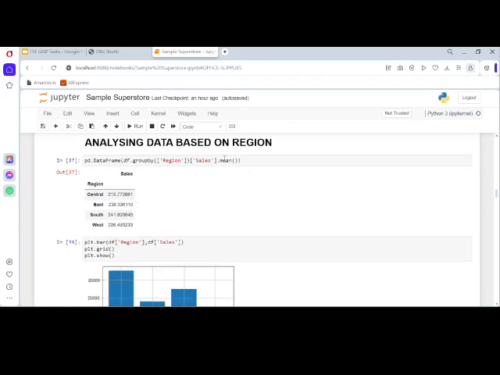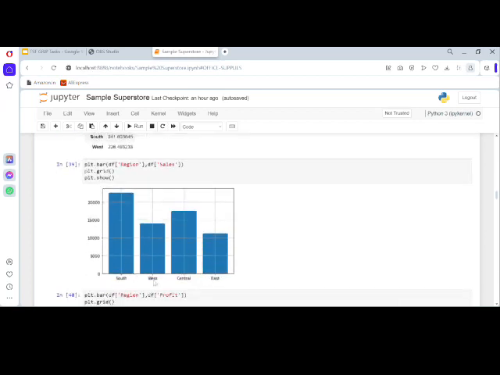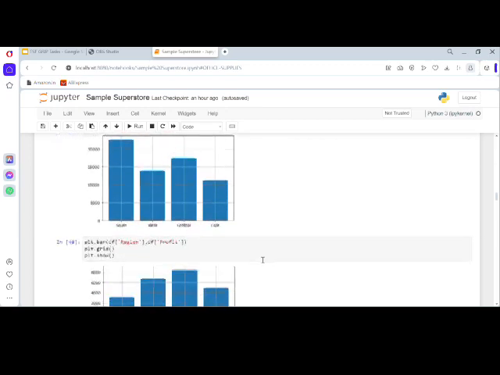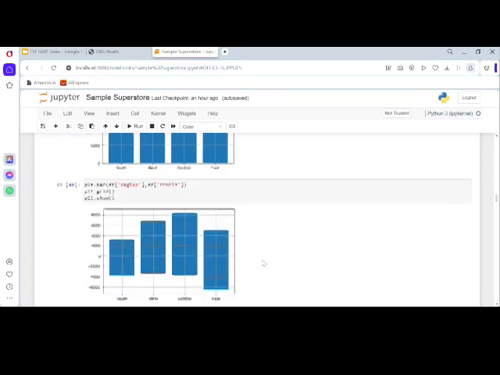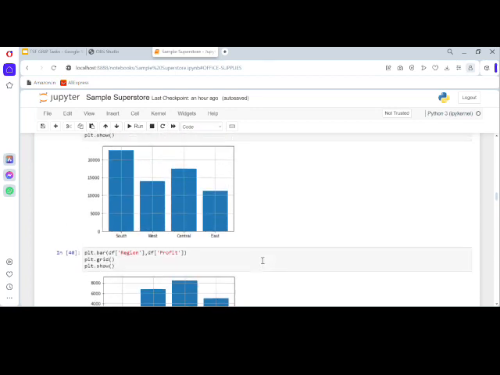Then we analyze the data based on region. Depending on region, we can see the ratios are almost equal. As we can see in this graph, South leads among all the four. If we check the profit, we can see it varies a lot.